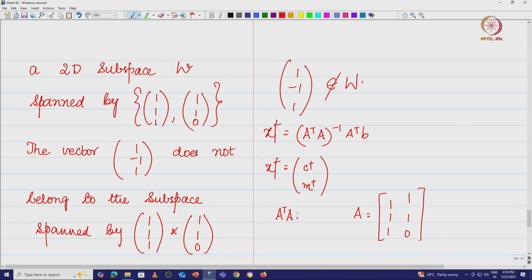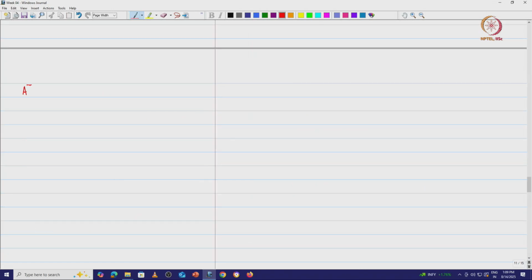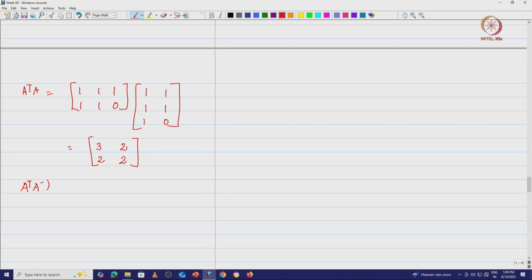Therefore, A transpose A is the matrix with rows (1, 1, 1) and (1, 1, 0) multiplied by A. So this is 1 into 1 plus 1 into 1 plus 1 into 1, which is 3, then 1 into 1 plus 1 into 1, which is 2, again 2, and then I have a 2. So A transpose A is [3 2; 2 2].